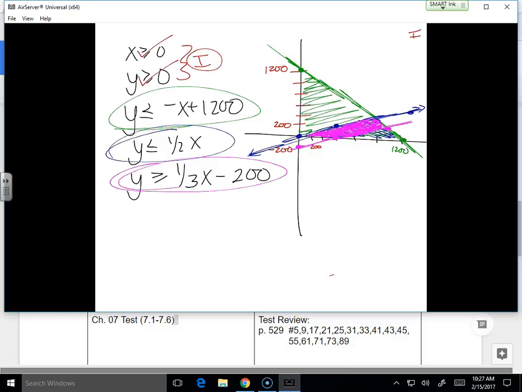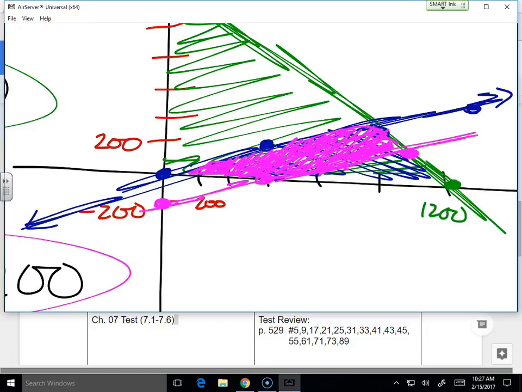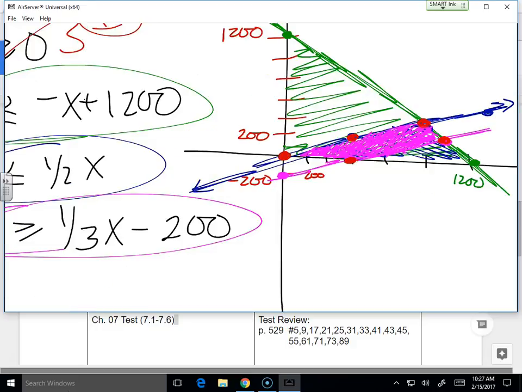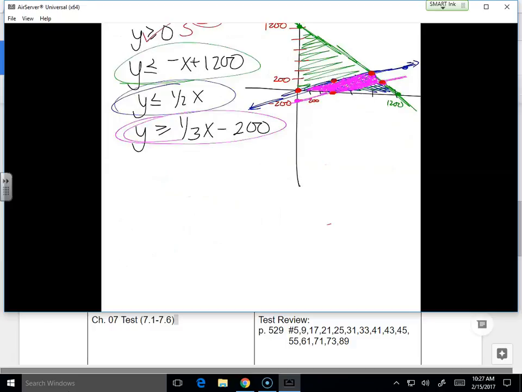So what are my vertices? I think we have the points, double check if I'm wrong. I think we have 0, 0, 600, 0, 600, 200, right?